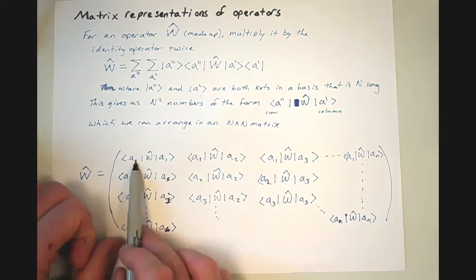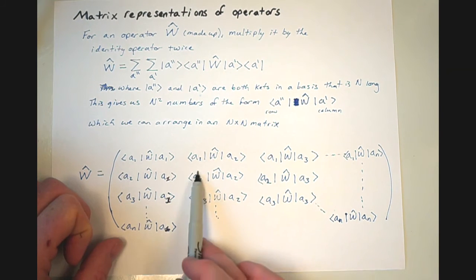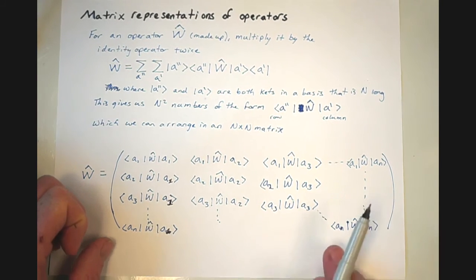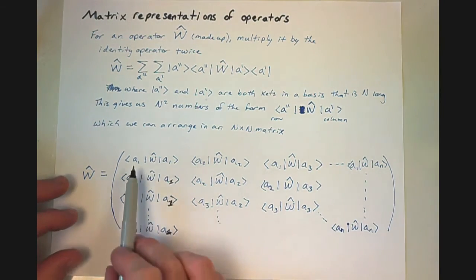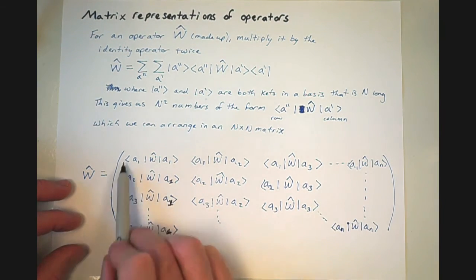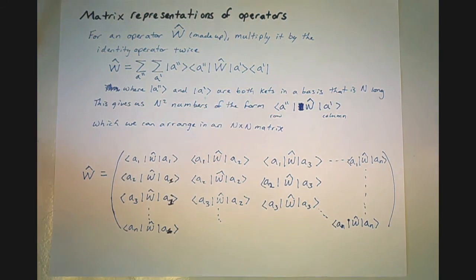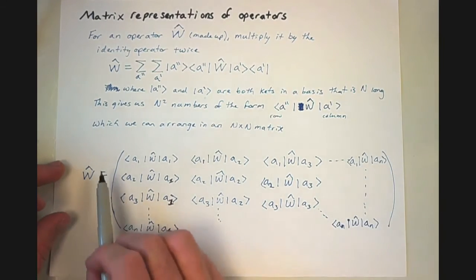And on the left-hand side, we've got all A1s in our rows, all A2s in our rows, and all A3s in our rows. And so each element in this matrix represents an inner product, which is just a number.